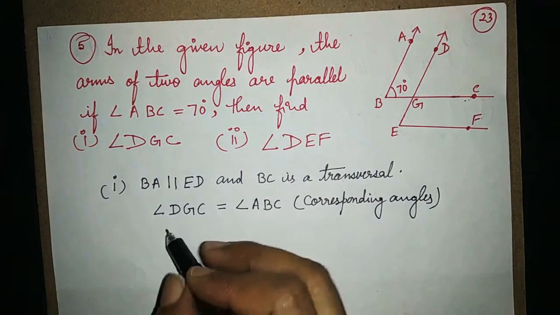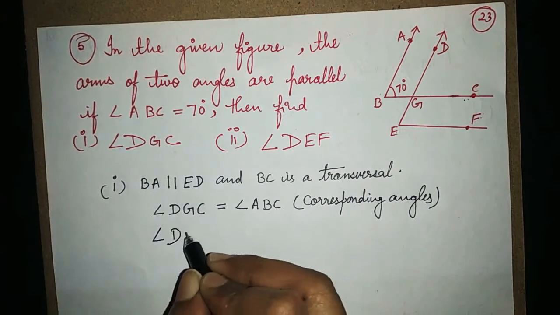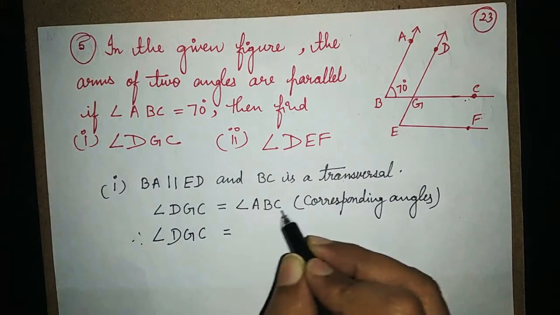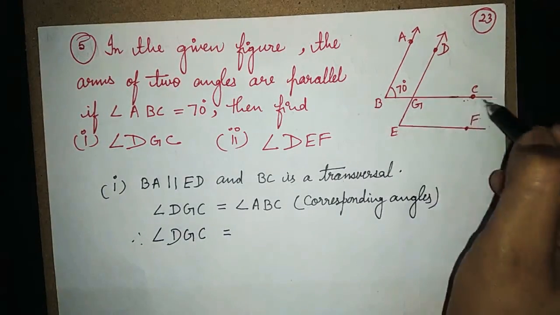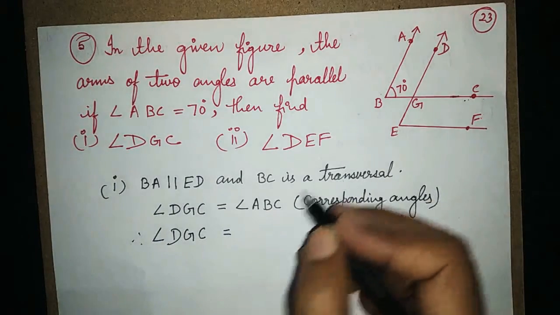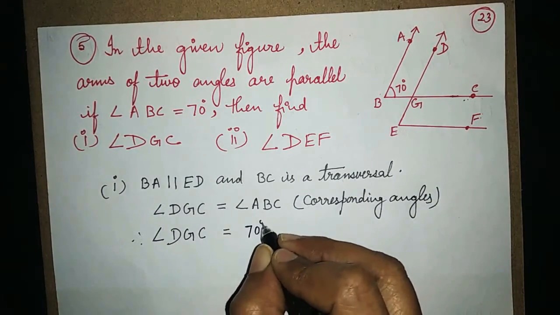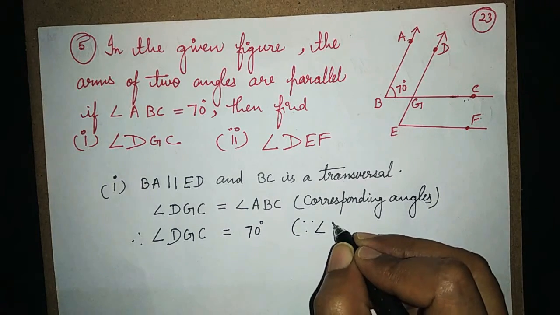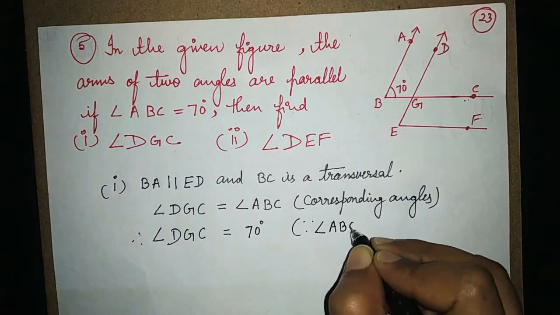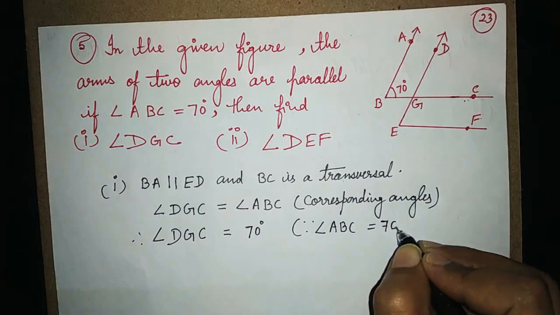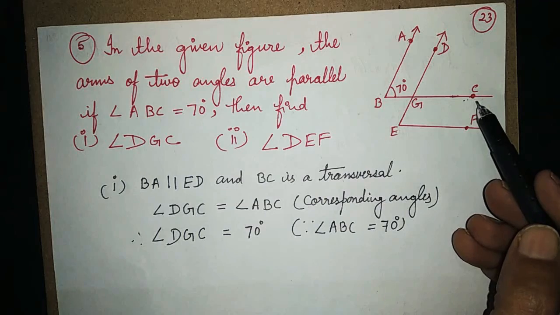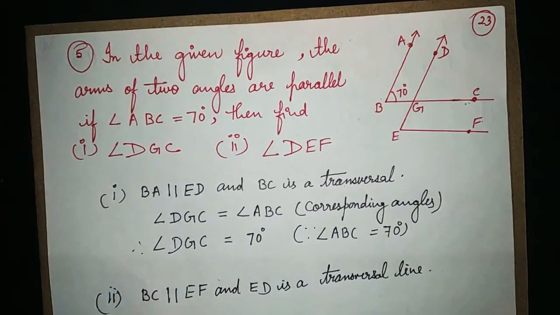Now angle DGC, therefore angle DGC is equals to ABC, and ABC is given 70 degree. So here you will write, since angle ABC is equals to 70 degree. So like this you can calculate measure of angle.